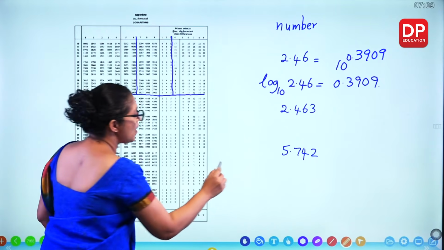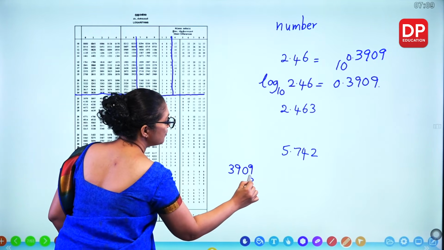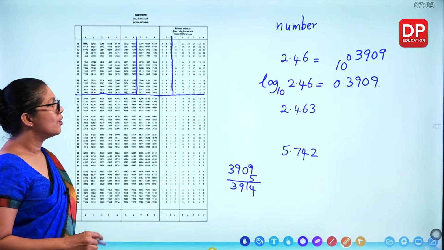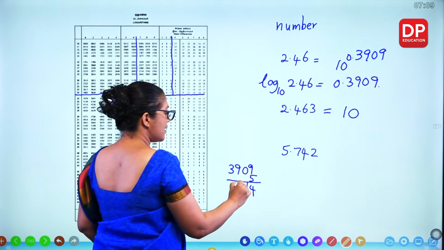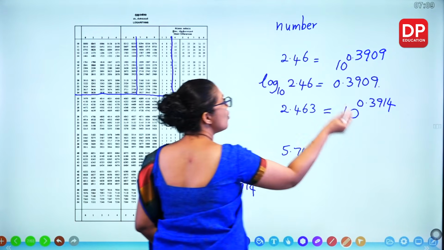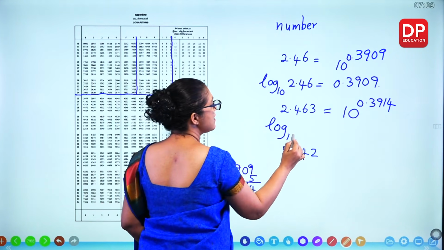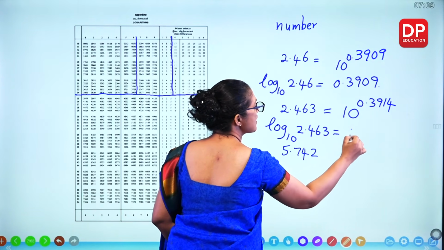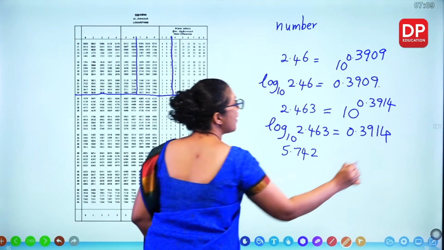So we need to add 5 to 3909. What you get? 3914. So what's the value? 10 to the power 0.3914. So that means in log notation, log 10 base number is the index. That's the logarithmic value, 3914.